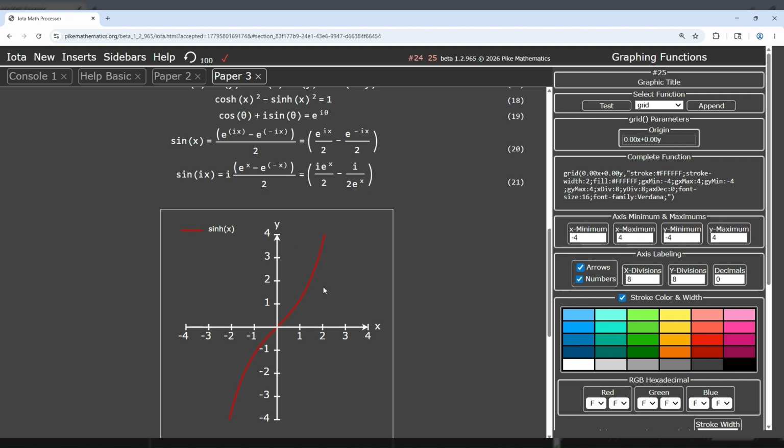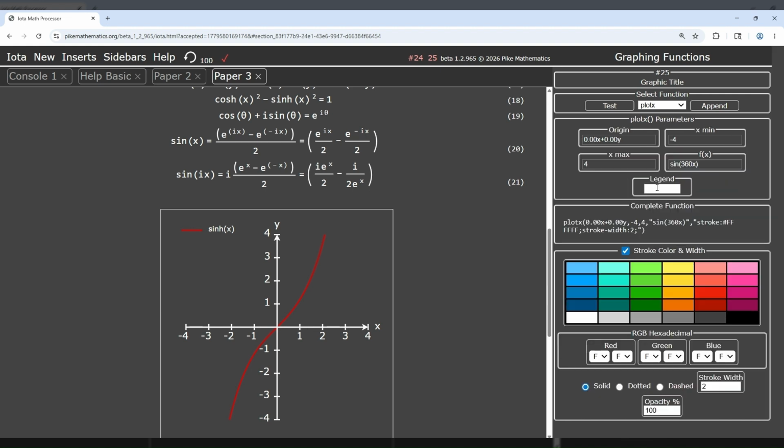So as x gets large, the hyperbolic sine function basically starts to approximate e to the x over 2. So let's graph e to the x over 2 just to see how it compares to the hyperbolic sine function.